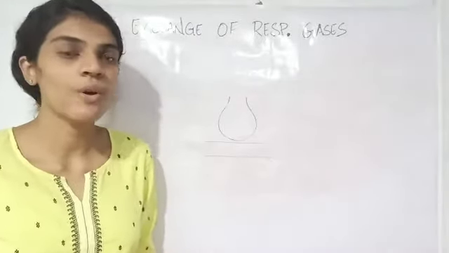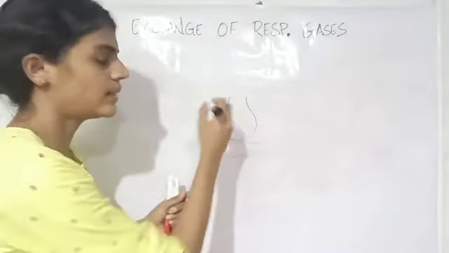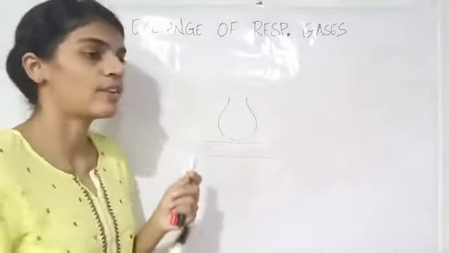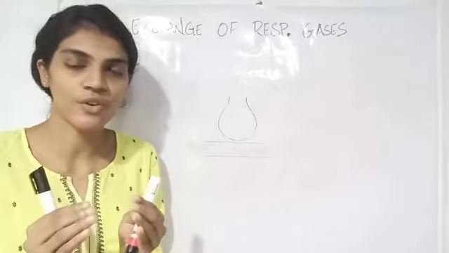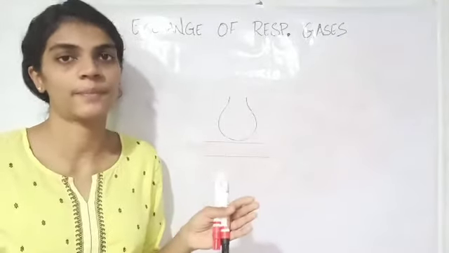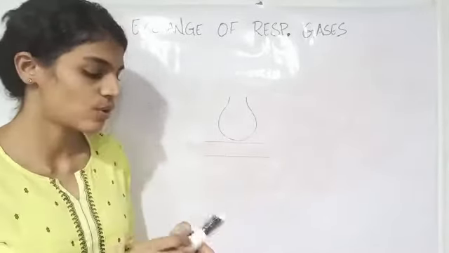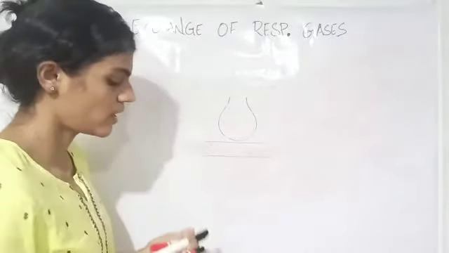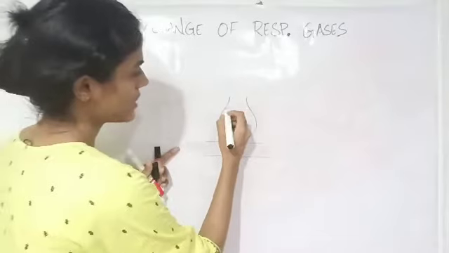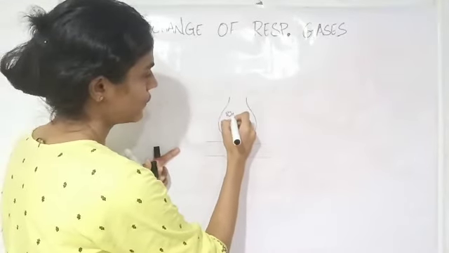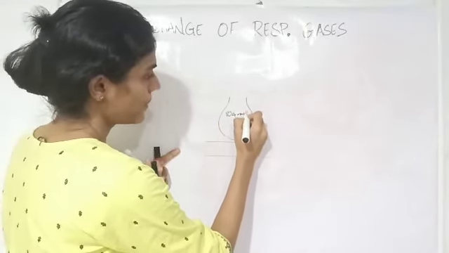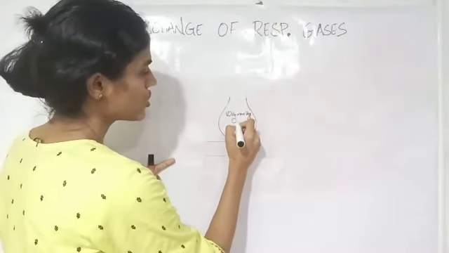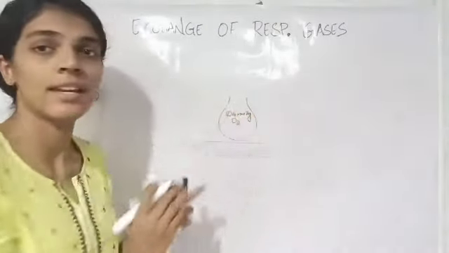So inside one alveolus you can see the partial pressure of oxygen is very much higher. A value of approximately 104 mmHg, that is millimeters of mercury, of oxygen you can find in the alveoli.